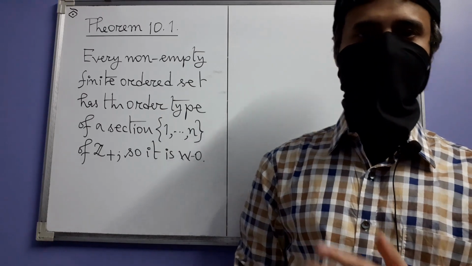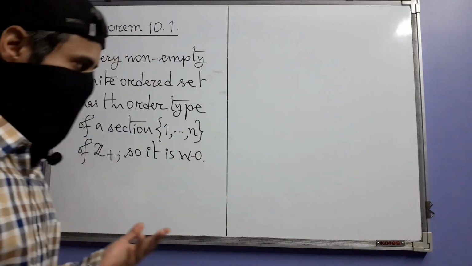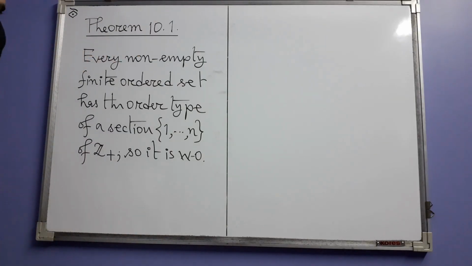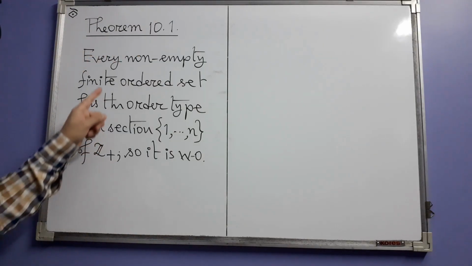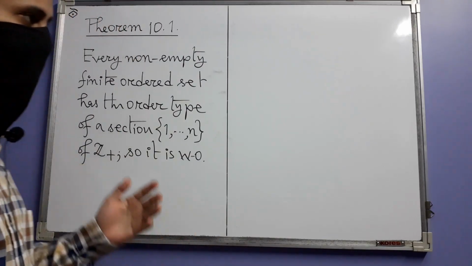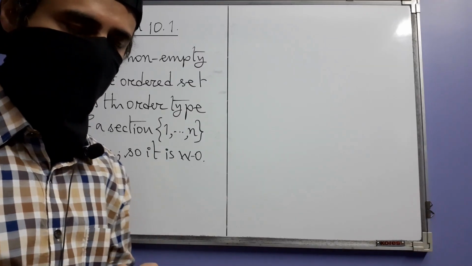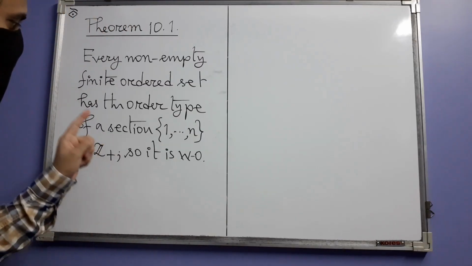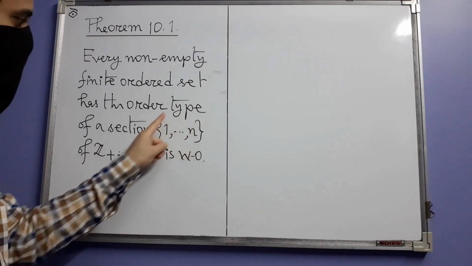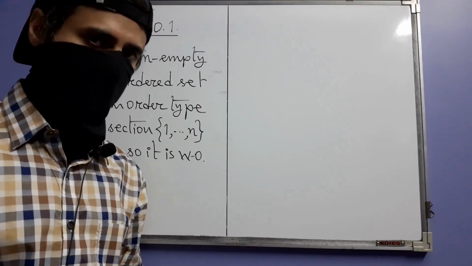Today's discussion is the proof of theorem 10.1. We have already seen the statement, but let's see it once more. It says that if we have a non-empty finite set which already is ordered, there is an ordered relation on the set, then it has the same order type as this finite set, which is a section of the set of positive integers.